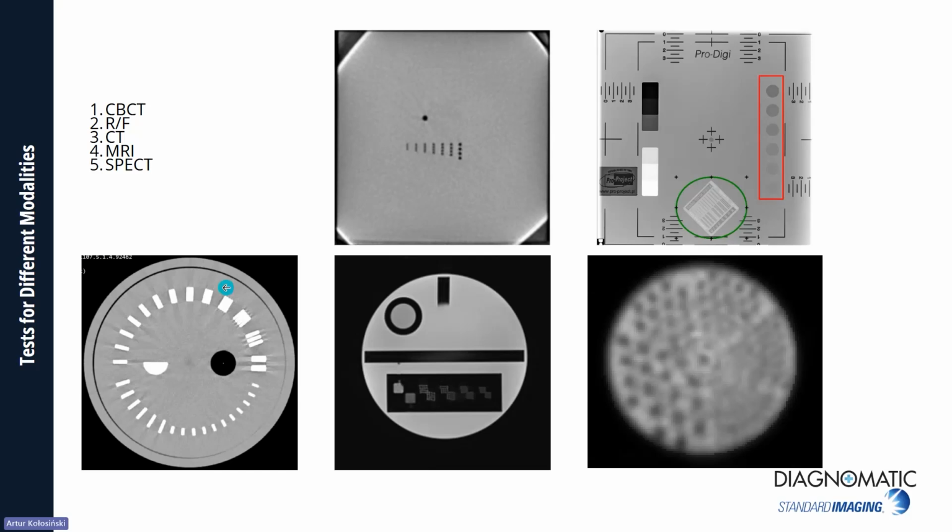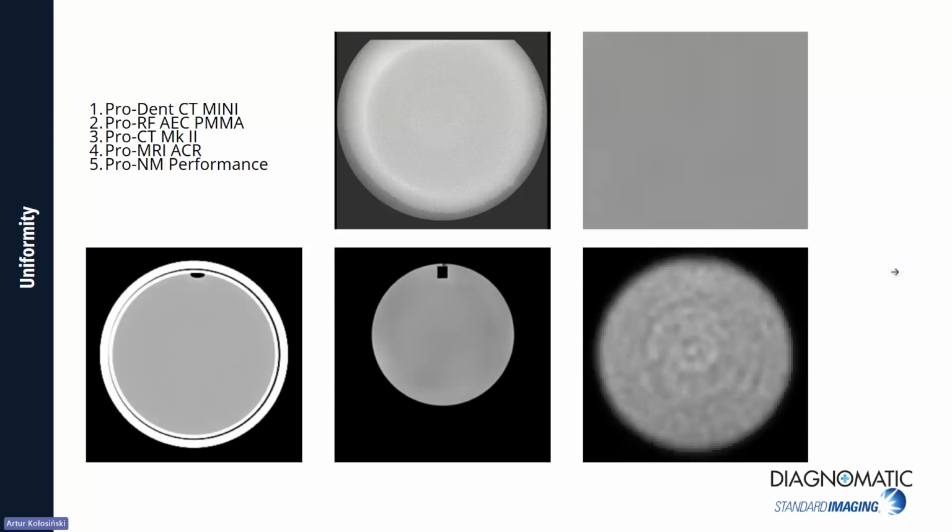We also measure the spatial resolution, or MRI, and at the top right we have a phantom. Uniformity is always about the noise and artifacts. It's a plain part of the phantom where we measure the uniformity and look for some artifacts.